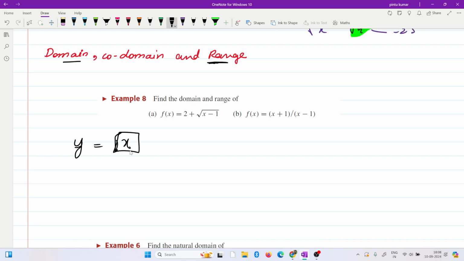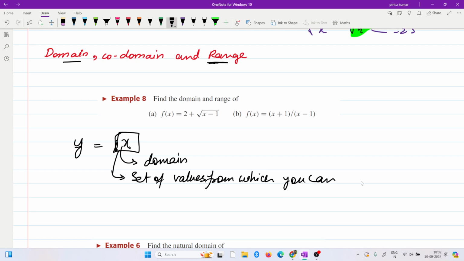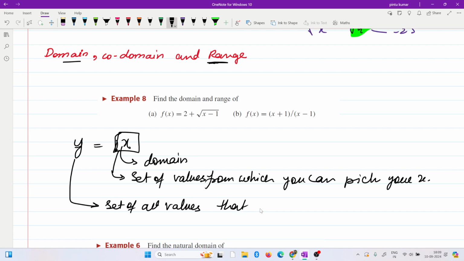Then the space in which your x lies is called the domain, the set of values from which you can pick your x, and the set of values that y can take is called the range.